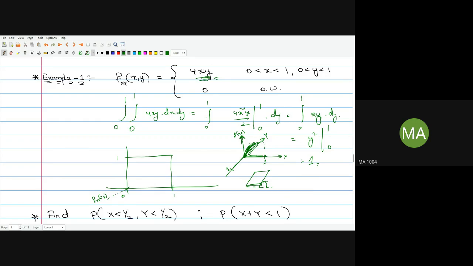When x and y values are higher and higher, very near to 1 and 1, my density is 4. So when x takes 1 and y takes 1, the density is 4, so the height will be 4. That is how you have to think about it.